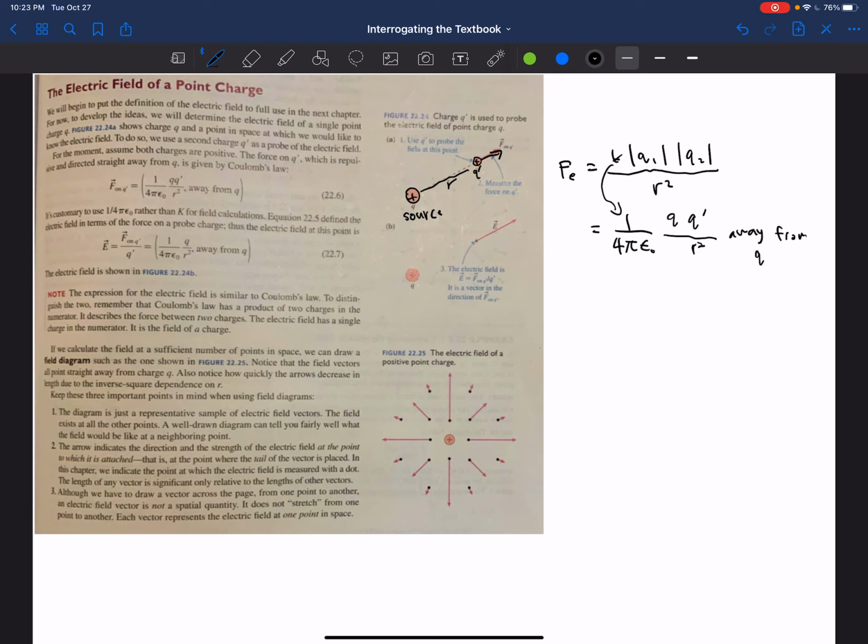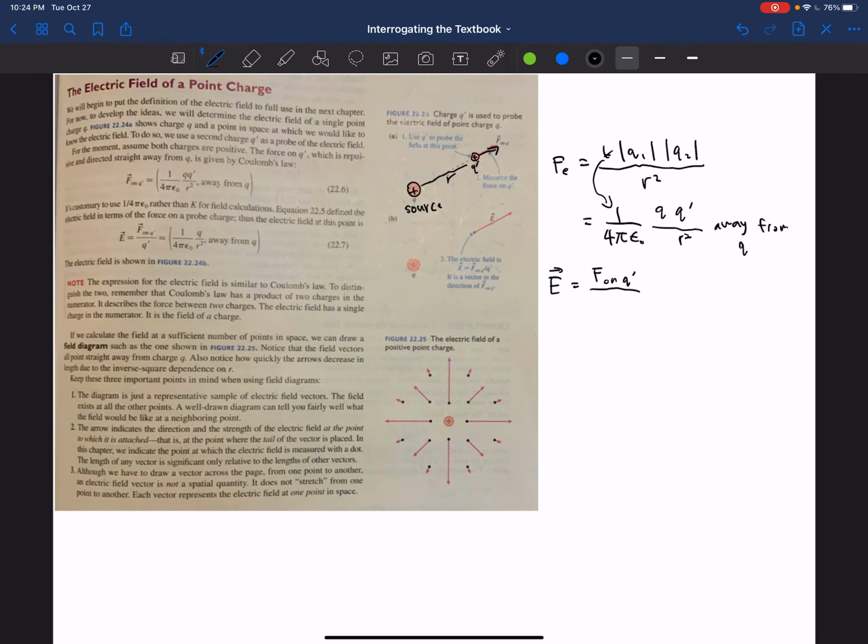So we know that the electric field strength is the force on Q prime, which is the point charge used to test the electric field strength at that point, over the charge of the point charge. Since we're making it over the charge, it doesn't matter anymore because it cancels out right here.